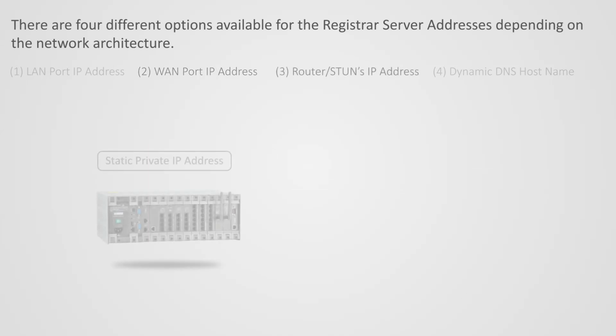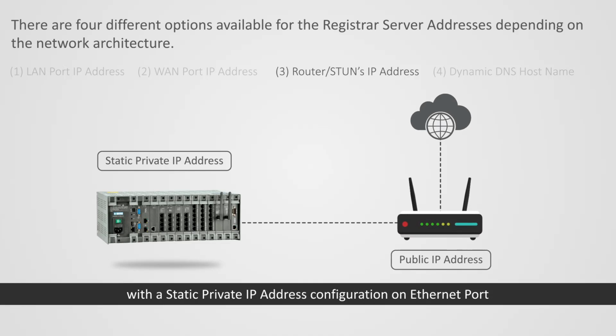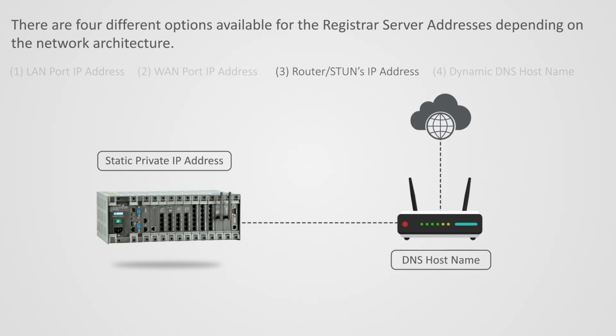Third, router or STUN IP address. Select this option when installation of Eternity is behind the router with a static private IP address configuration on Ethernet port and WAN port of VoIP card, and the router is having public IP address or dynamic DNS hostname.